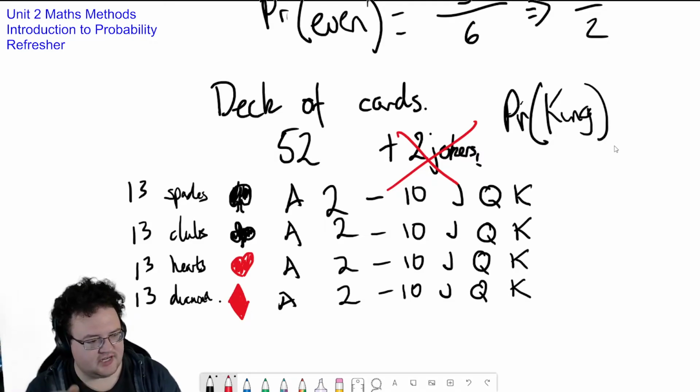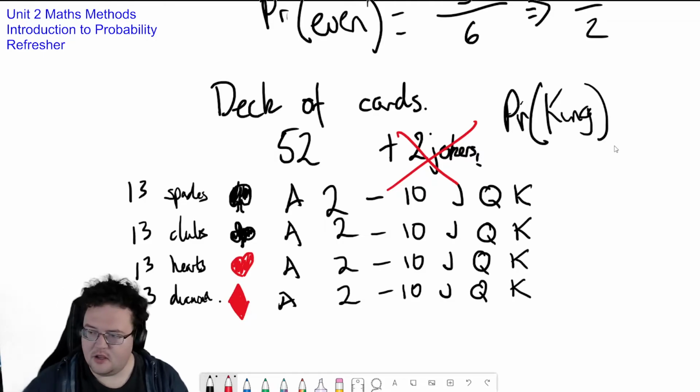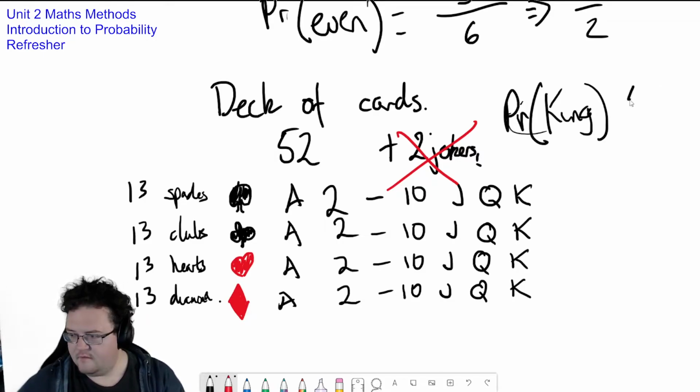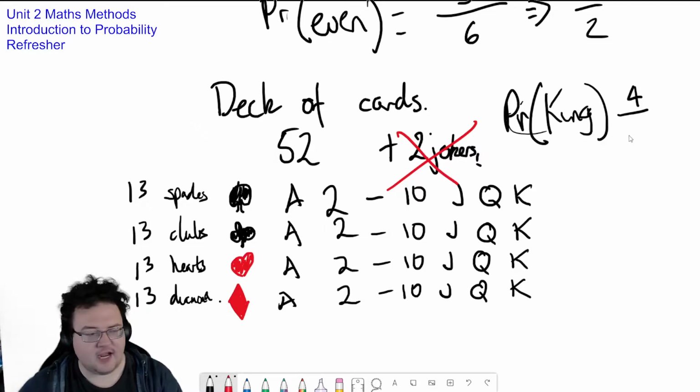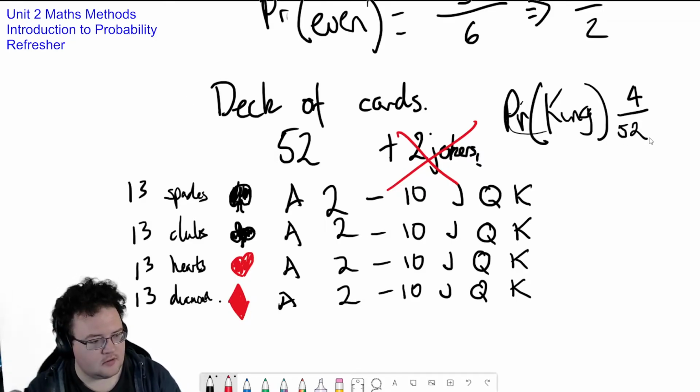How many kings are in a deck? Well, there's 1 for each suit. Therefore, there are 4. And how many cards are in the deck? Well, there's 52. Therefore, the probability of you picking a king out of a deck of cards is 1 in 13.